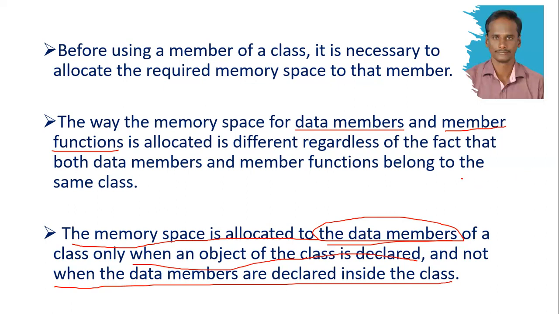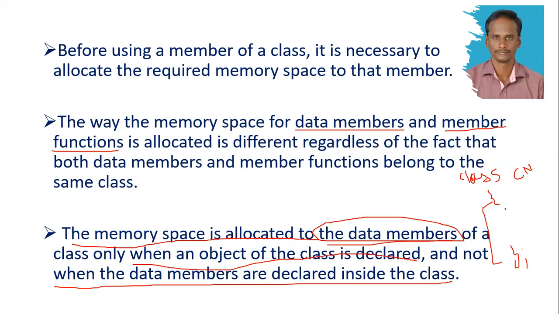Say you are declaring a class: you have the class name, open braces, close braces, and the closing brace ends with a semicolon. This is the general syntax for declaring a class.